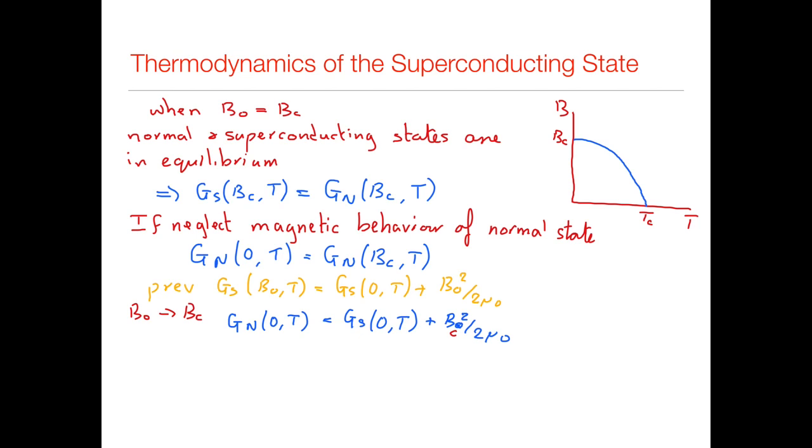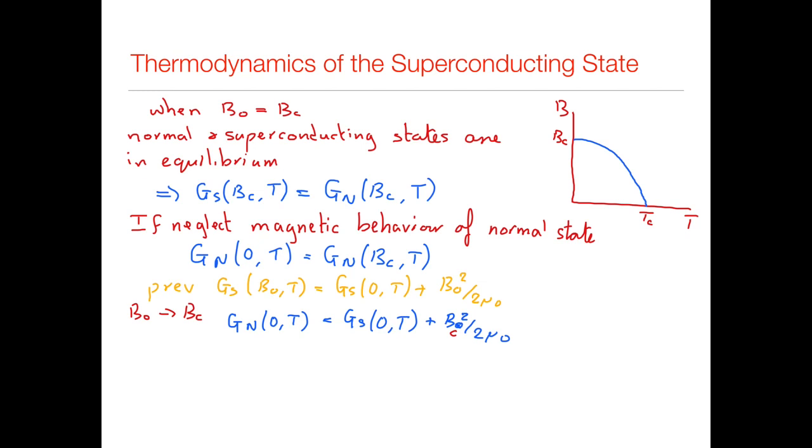It's kind of what we expect. But if I am at a temperature that is lower than this, Bc is some positive number, and Bc squared over 2 mu naught is the amount by which the superconducting ground state is lower in energy than the normal one.